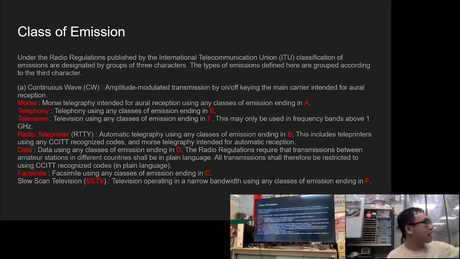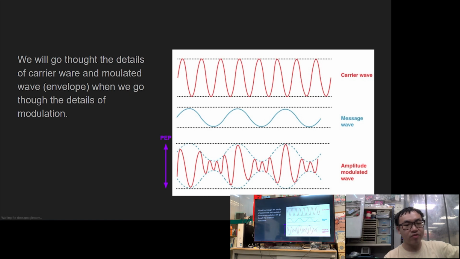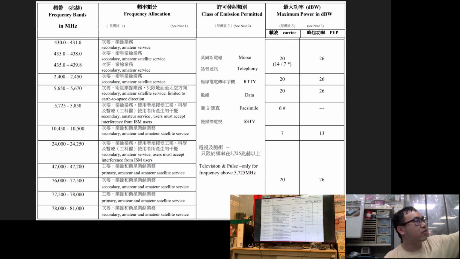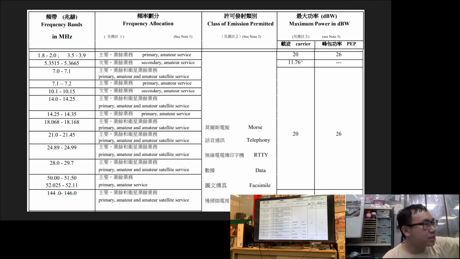So SSTV does not have to follow the limitation of 5725 megahertz. You can use SSTV in any ham band. We say that the frequency allowed for amateur radio is the ham band, H-A-M, B-A-N-D.